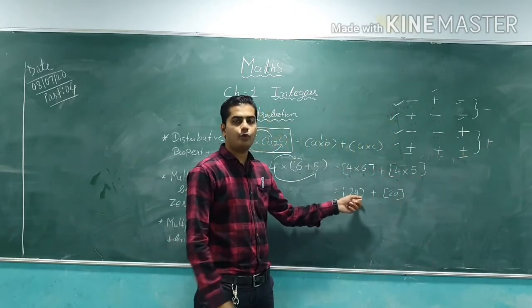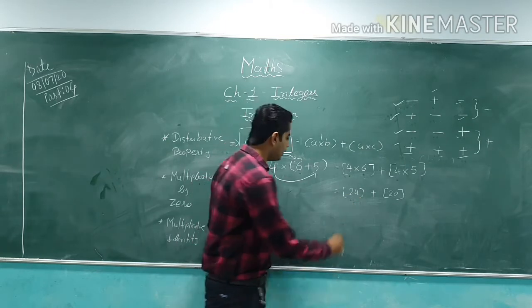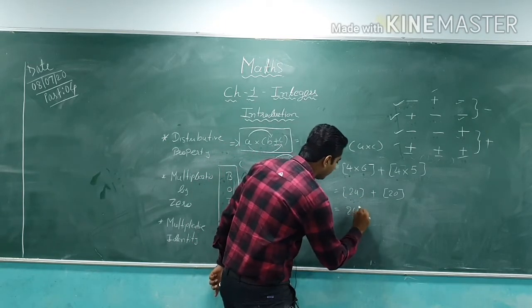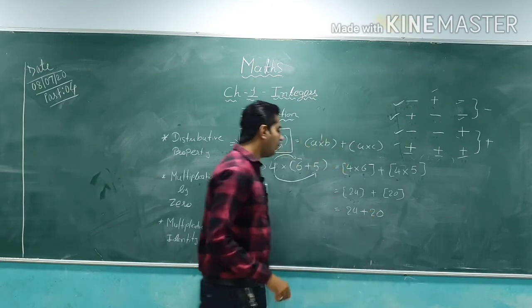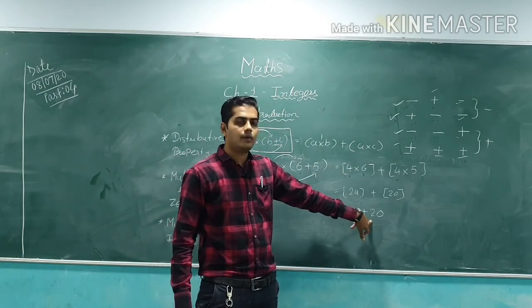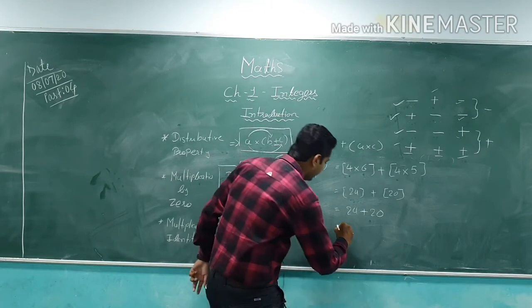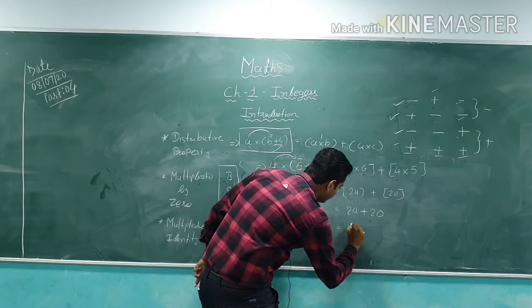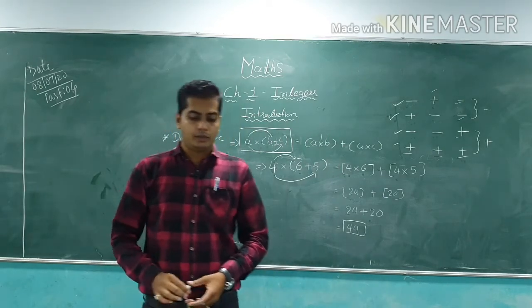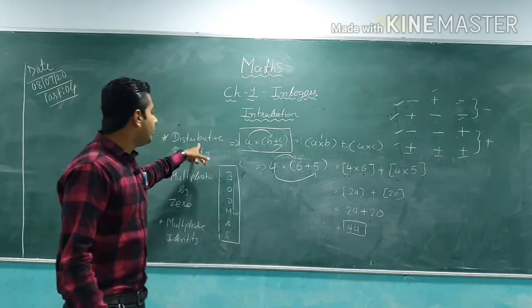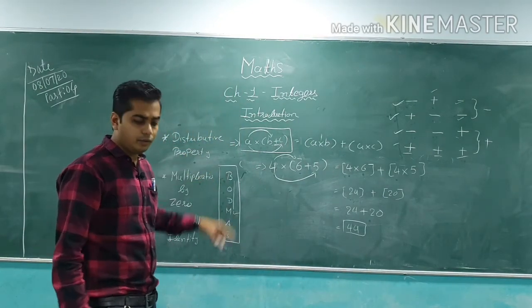That's why I am not putting any sign here, because positive, if you want to put it you can, if you don't want to put it that's fine. So 24 plus 20 is what? 44. So that's how you can use the distributive property.